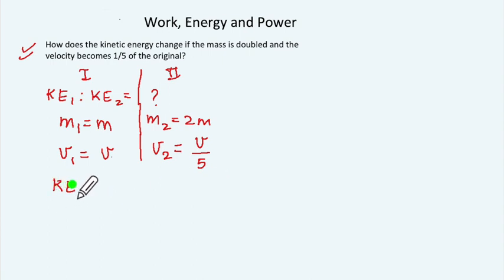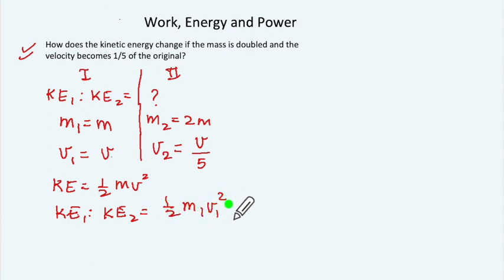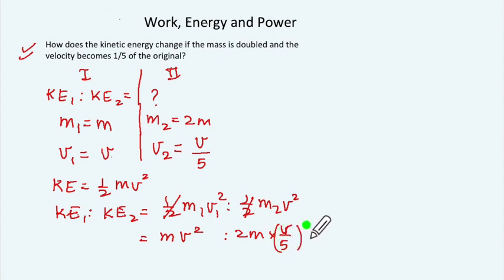Now you know that kinetic energy is half mv square. So your kinetic energy 1 is to kinetic energy 2 is going to be half m1 v1 square is to half m2 v2 square. Half gets cancelled, and if you substitute, you will have m into v square, and now substitute m2 as 2m multiplied by velocity v upon 5 whole square.